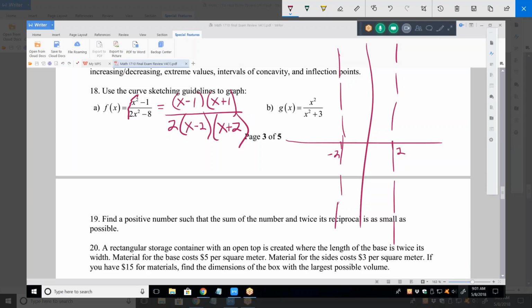I'm completely blanking. When the degree of the variable in the numerator is the same as the degree of the variable in the denominator, then the horizontal asymptote comes at the ratio of their coefficients. In other words, 1/2. Okay.